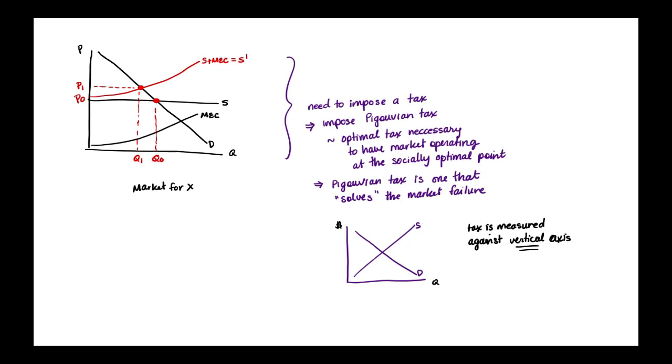Why the vertical axis? Because it's a dollar figure, and I've only got two dimensions. So when I look at measuring a tax, I'm going to have to measure it in this direction. So my tax looks like that.